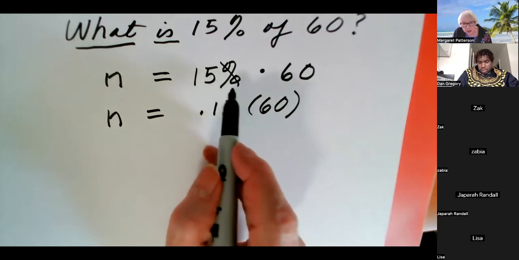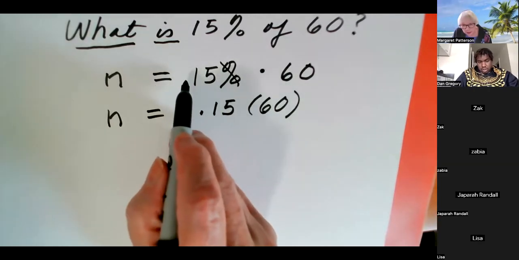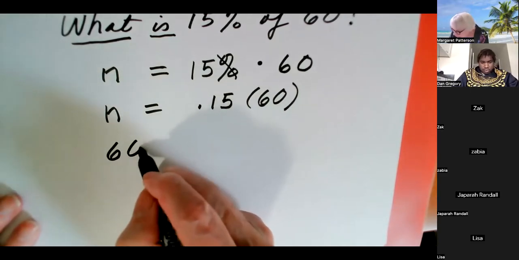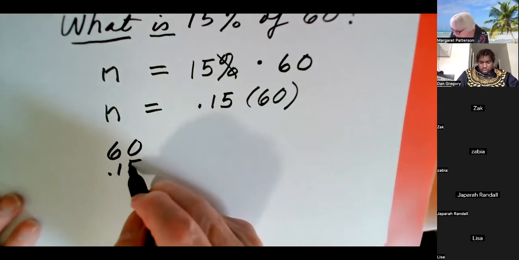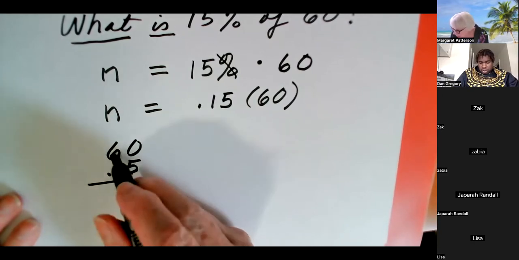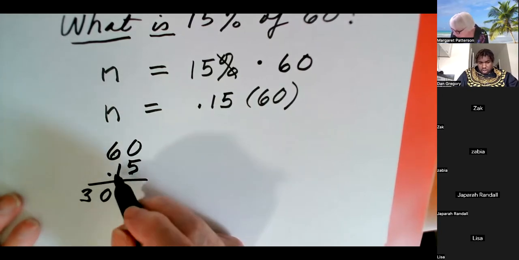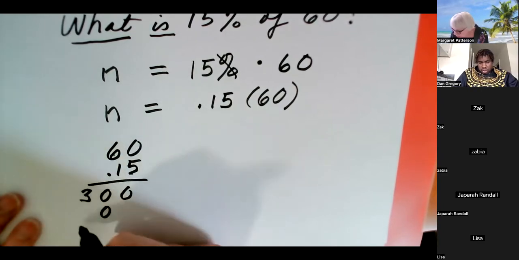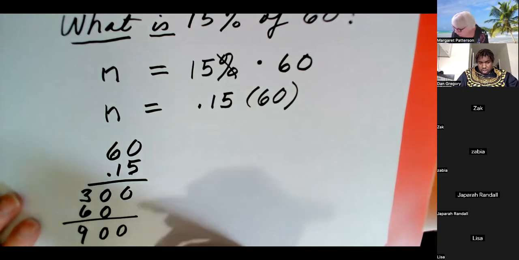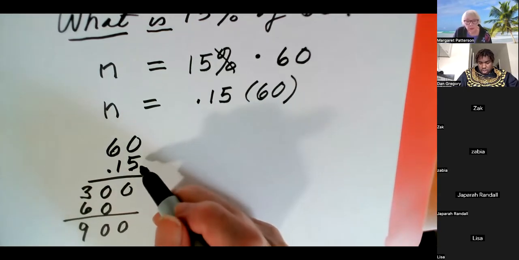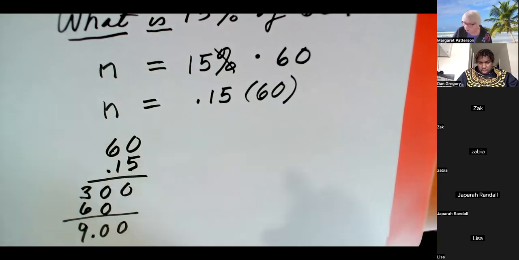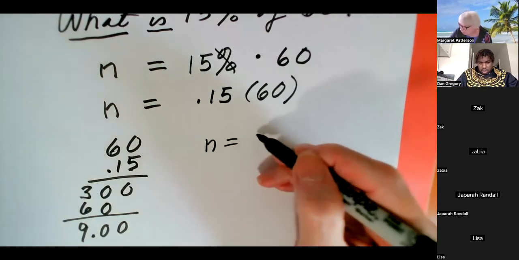So I took the percent off, I moved it back to here. It's 0.15 times 60. I made the numbers so that I didn't have to use a calculator. This is 0, this is 30, this is 0, this is 6. 2 decimal places, 1, 2, 1, 2. N equals 9.